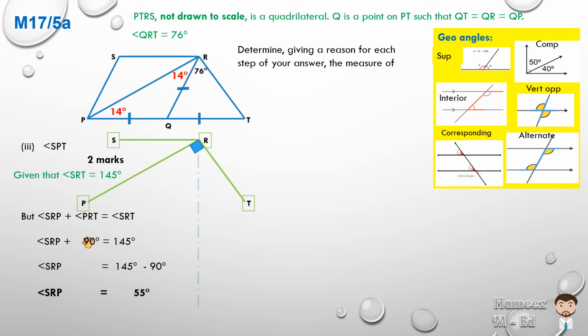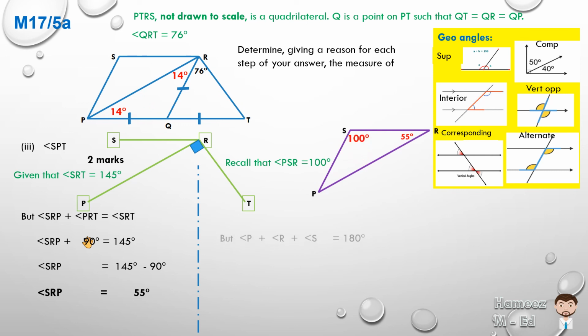Then we got that 55 up on top. Let's recall that angle PSR is equal to 100 degrees. Then we have a triangle, the last triangle on the left side. So let's extract that. And what we can tell is that the angle P plus the angle at R plus the angle at S is equal to 180.